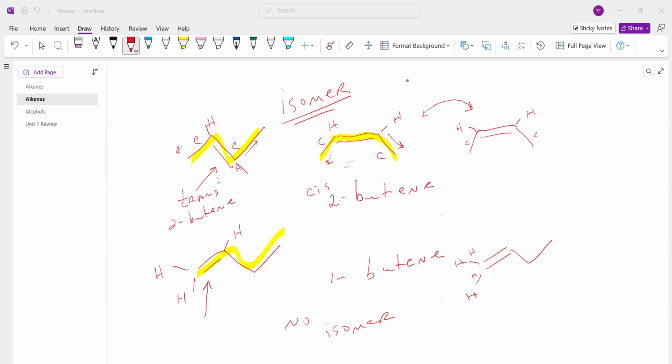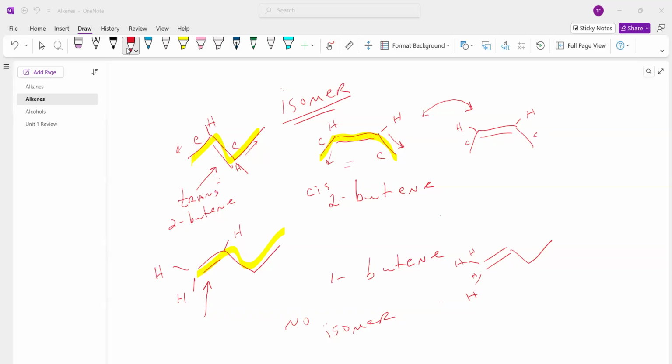Hunter, is this more clear now from when you asked the question? No, I wonder, how do you name it like 3-methyl 1-butene from looking at the picture? Well, you have to find the backbone. In this case, the backbone's in yellow, first step. Next step is you have to number the backbone.